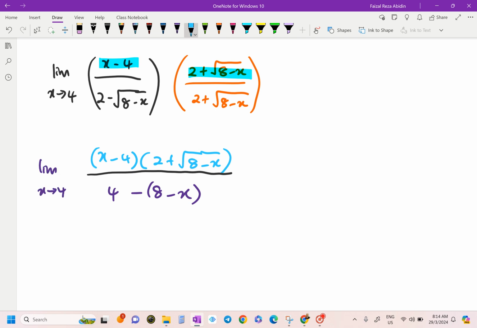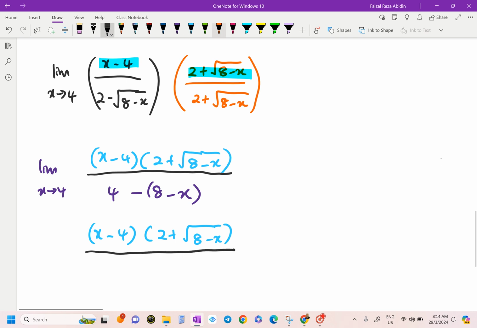Okay, I'm going to have x minus 4 over 2 plus square root of 8 minus x. Okay, I can simplify just now. This one, I'm going to get negative 4 plus x. So I just rearrange, I'm going to get the same x minus 4.